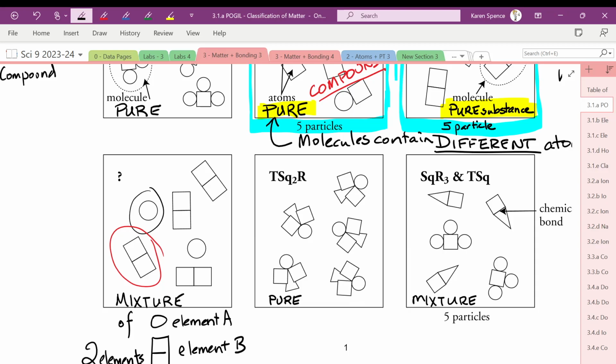How about the one over on the far right at the bottom? It's a mixture. What is it a mixture of? Tell your partner. It's a mixture of what? We got that there.